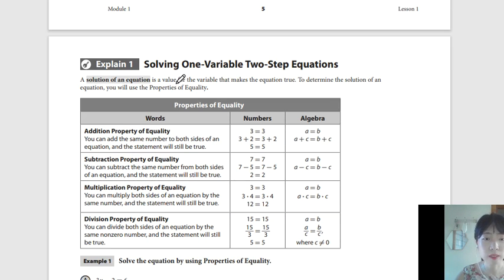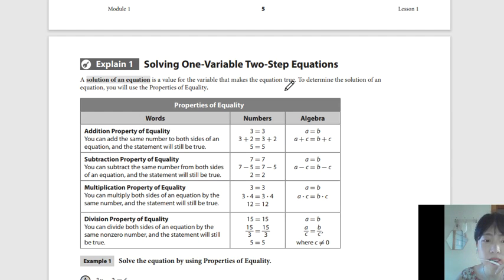Another vocab. The solution of an equation is a value for the variable that makes the equation true. To determine the solution of an equation, you will use the properties of equality. If you look at this table on this page, we have 4 properties of equality.